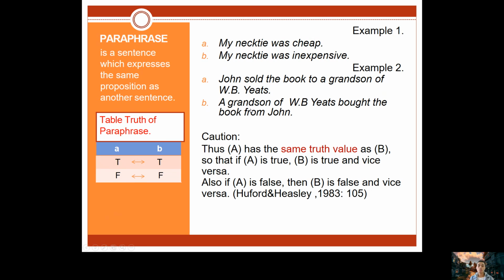So this has the same truth value as B: if A is true, B is true and vice versa. Also, if A is false, then B is false and vice versa. This truth table will make it easy to understand.